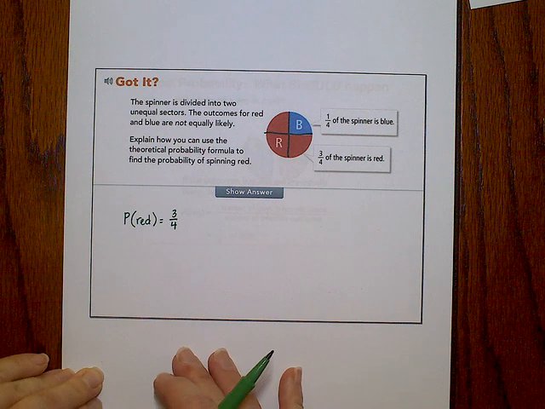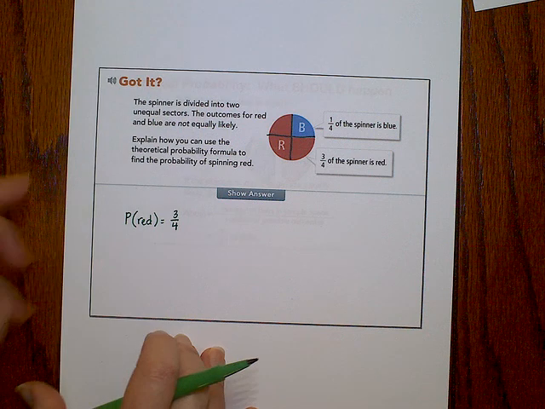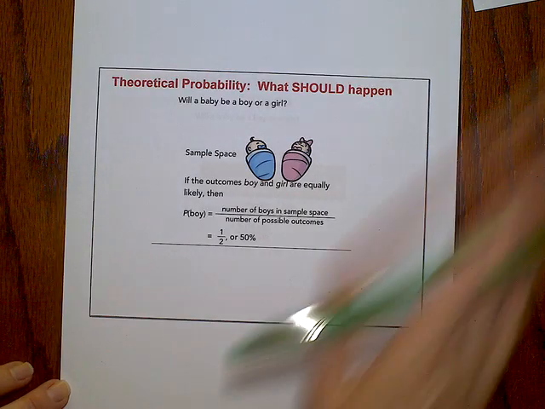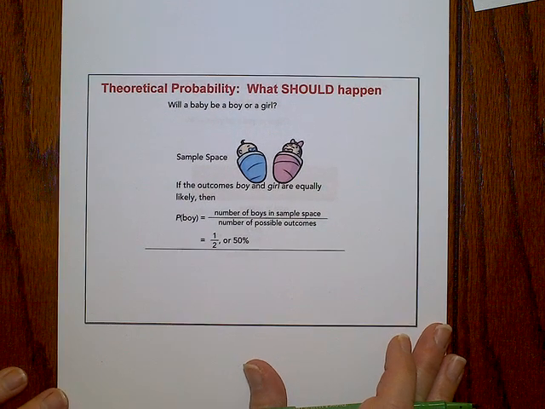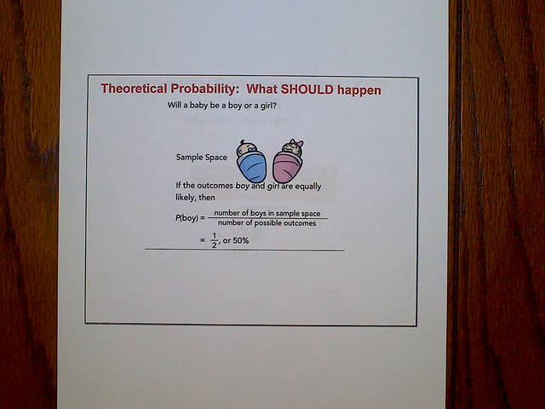Okay? So now let's compare the difference between experimental and theoretical probability. We've been talking about theoretical probability yesterday and at the beginning of this lesson. Theoretical is what should happen. So if it was a perfect world, will the baby be a boy or a girl?